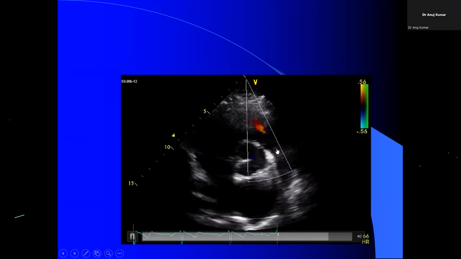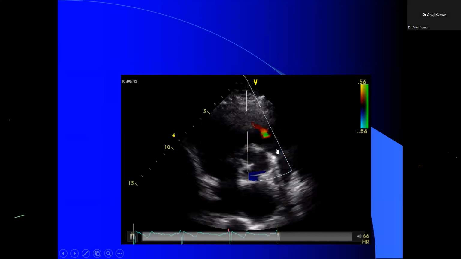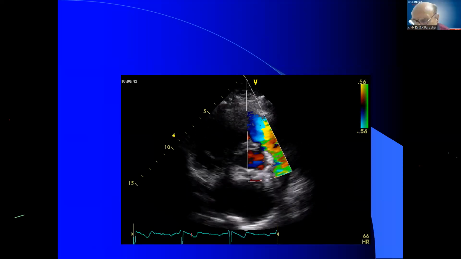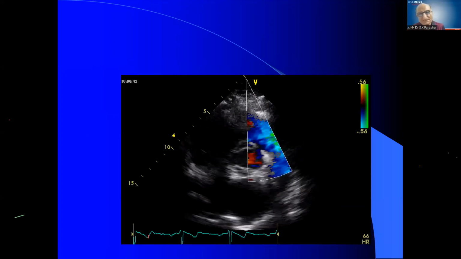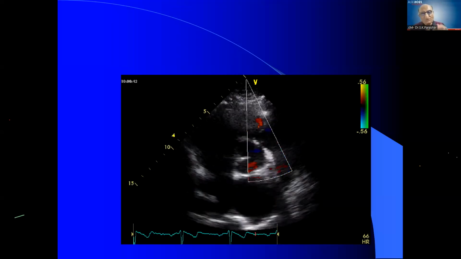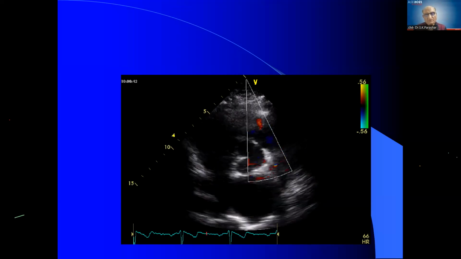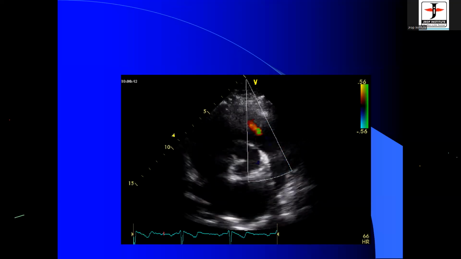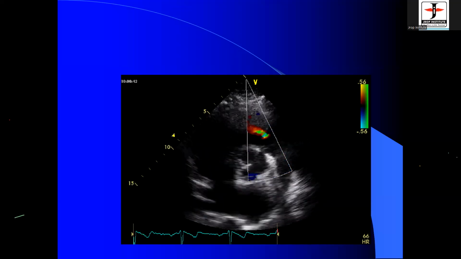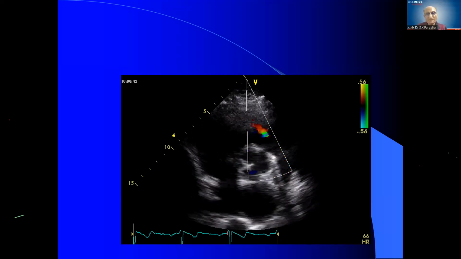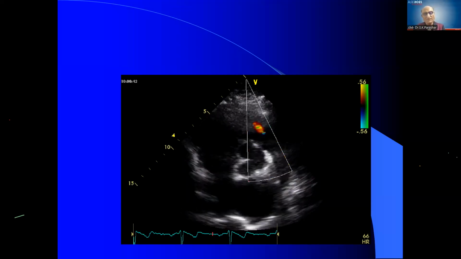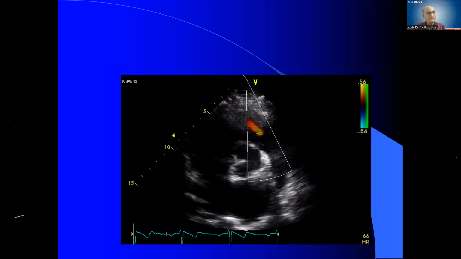Sir, you were showing one more view. I can show you the slide someday. You can see a nice pulmonary artery from the subcostal view.